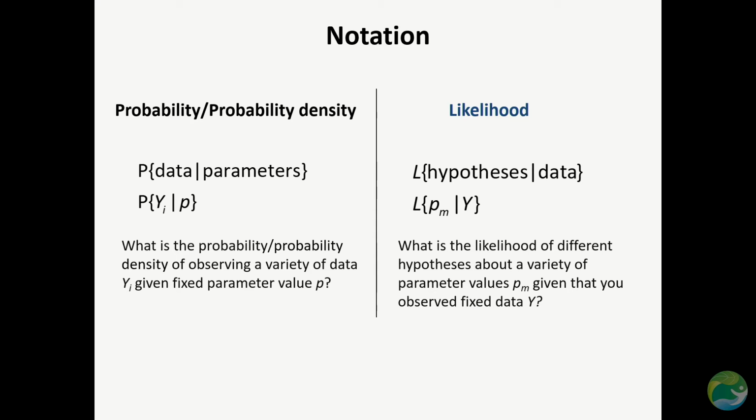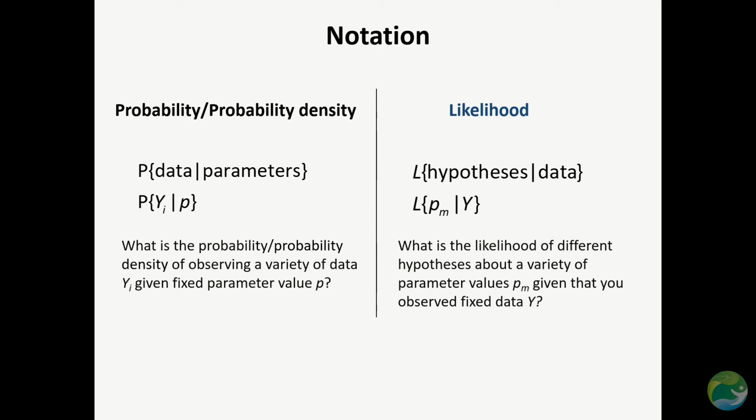What is the probability of different outcomes? You can also write it this way: P is the parameter, Y is the data. Data represents the outcome. You can have multiple outcomes. For a discrete variable, you use the probability. For a continuous variable, you use the density.